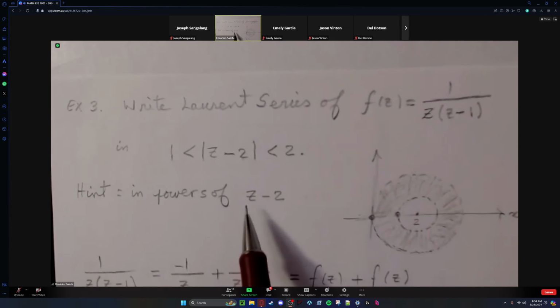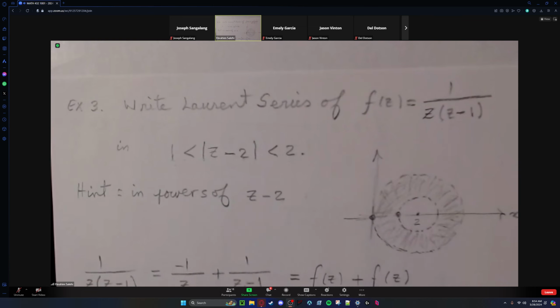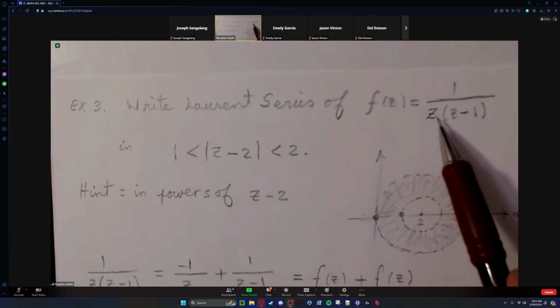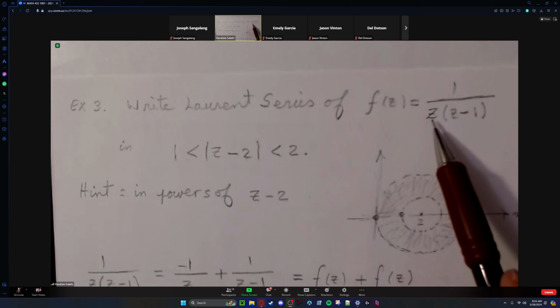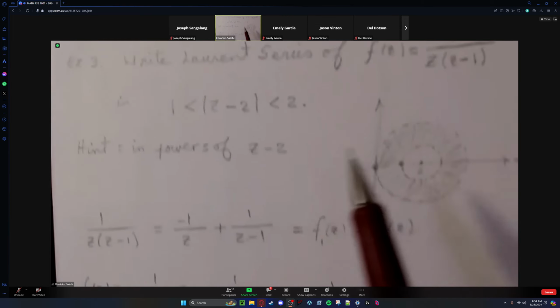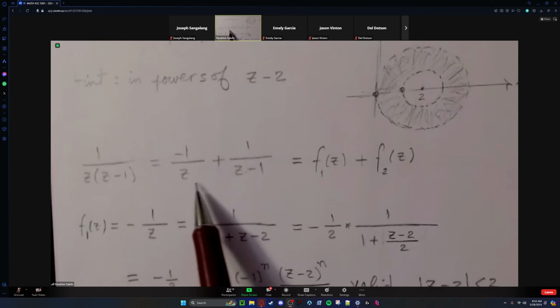And it says in powers of z minus 2. Well, see, if I want to apply geometric series, none of these are powers of z minus 2. So I better do partial fractions, separate them. Here is the first step.